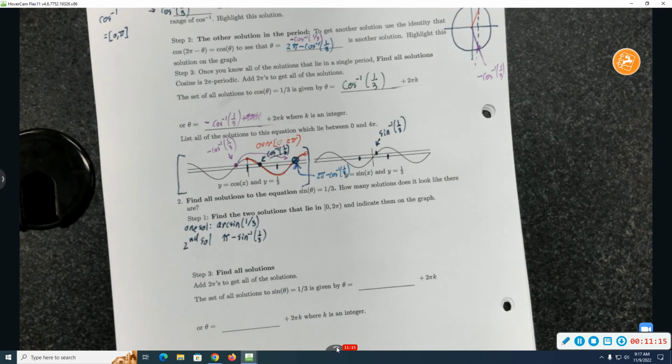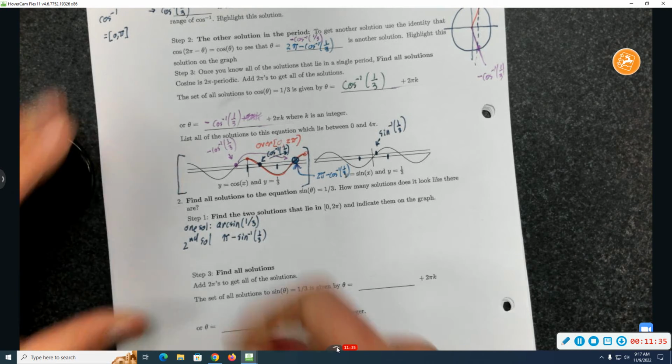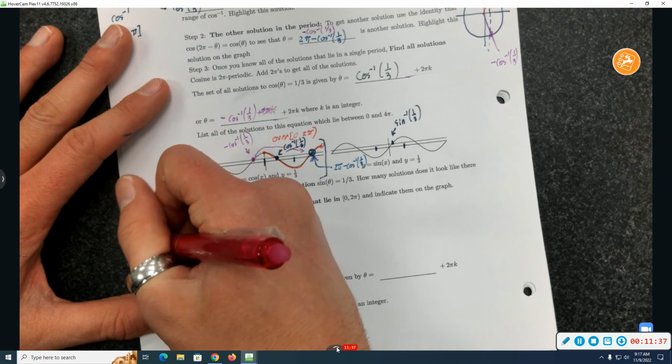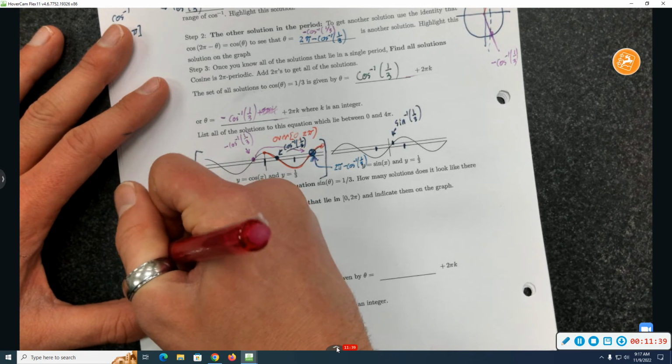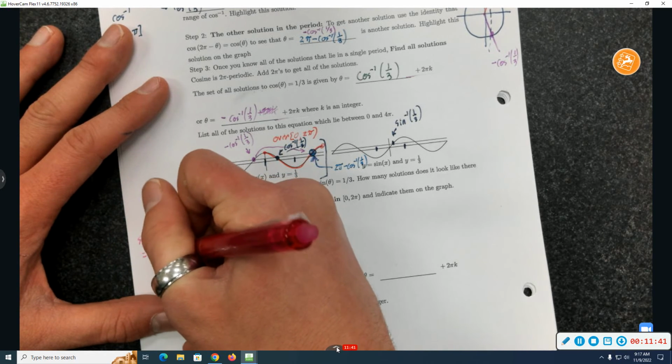And, well, how did you get that? What is the reasoning for that? Where did that come from? Sine theta is equal to sine pi minus theta. Yeah, sine theta is the same as the sine of pi minus theta.